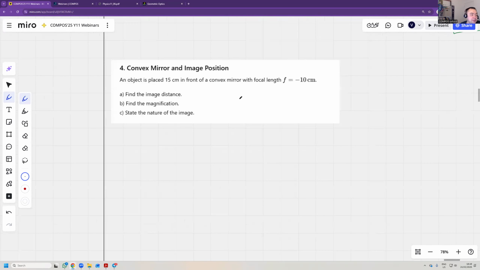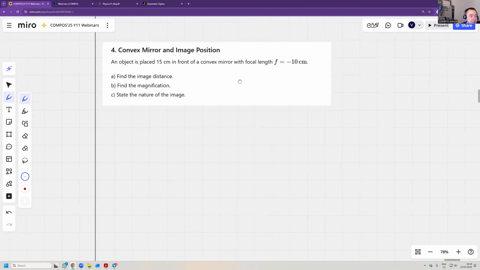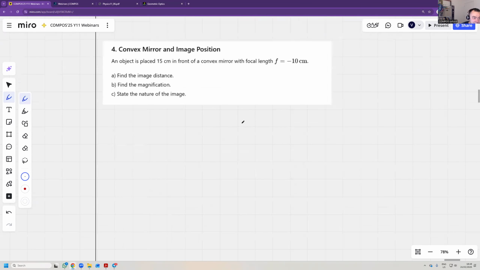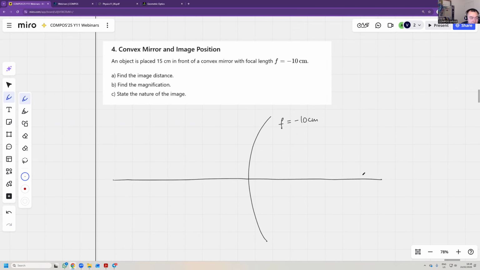Convex mirror and image position. An object is placed 15 centimeters in front of a convex mirror. So convex mirror, yes, like this. The focal distance is minus 10 centimeters. Right, so we have an object, 15 centimeters.